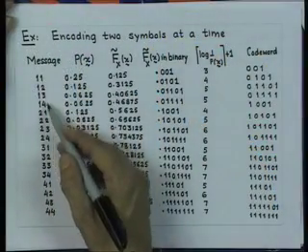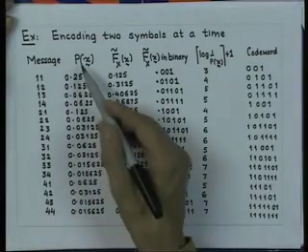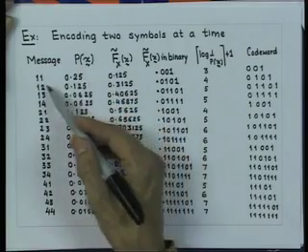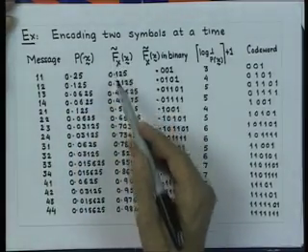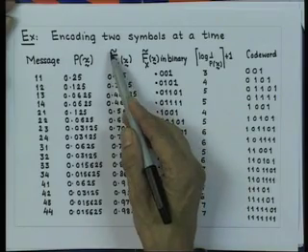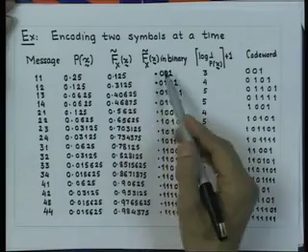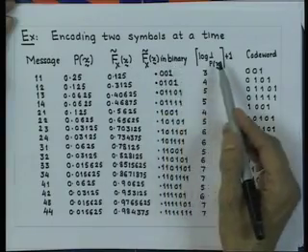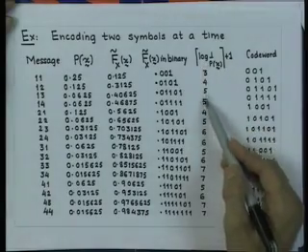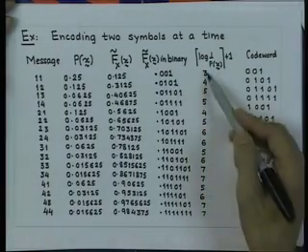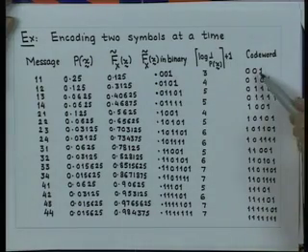So, these are the different messages which can be generated. For these different messages, we can find out the probabilities of the sequences of length 2, we can find out the modified CDF, we can represent this modified CDF in binary, and then we can truncate this modified CDF in binary by using the lengths calculated as shown in this column, and finally we get the code words as shown here.